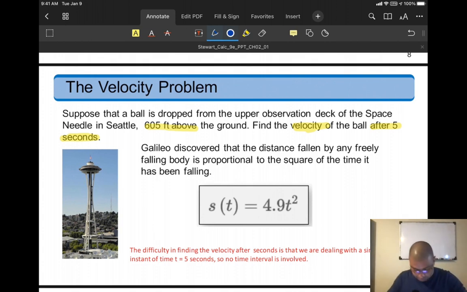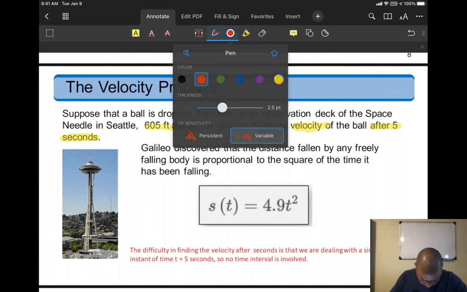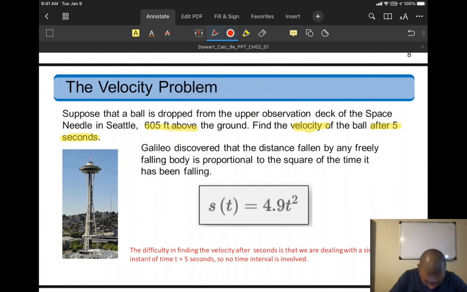Now, let me maybe exemplify this. As soon as I drop the ball, this is t equals 0, right? Maybe a second later, the ball's over here. Maybe 2 seconds later, as the ball is falling, it's gaining velocity, it's gaining speed.